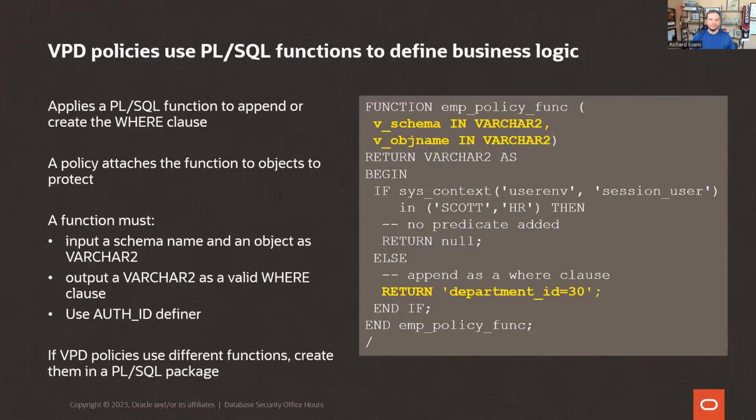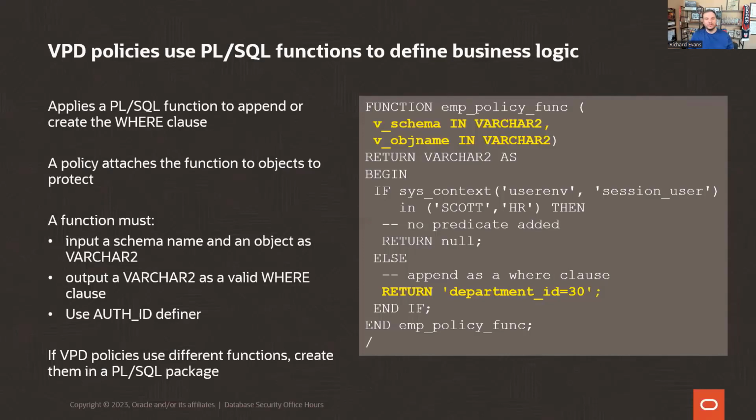So in this scenario, when we get into the begin and end of this function, we look at the context of the user session. So we're looking to see who the session user is, and we're checking to see if they are either Scott or HR. If they are, we don't add a predicate. We just return null. So the query runs as it was.